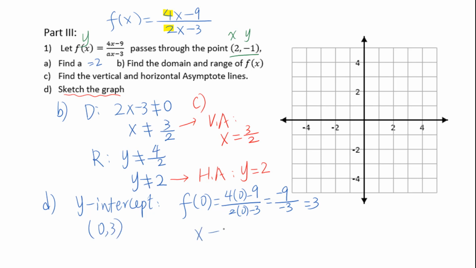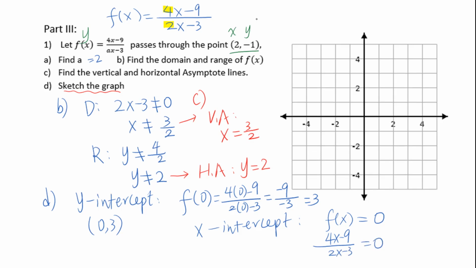For the x-intercept, you set up f of x equals 0, which means (4x minus 9) over (2x minus 3) equals 0. Remember when we have a over b equals 0, it means a equals 0.